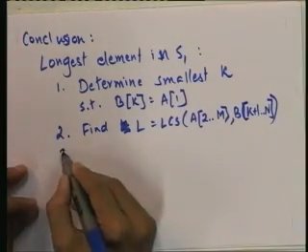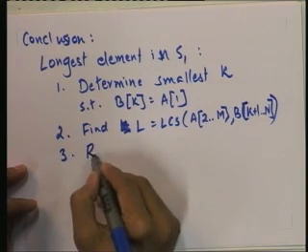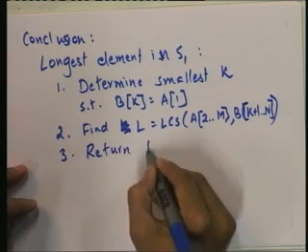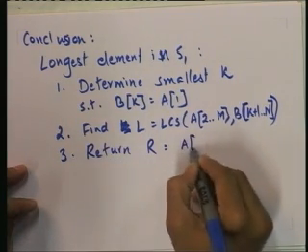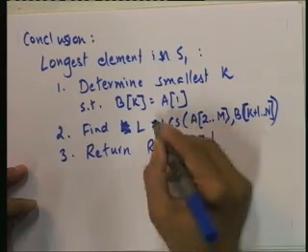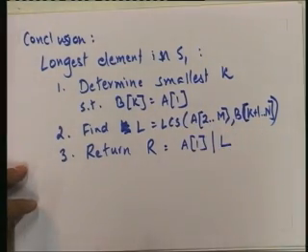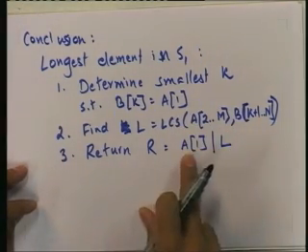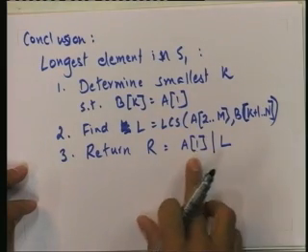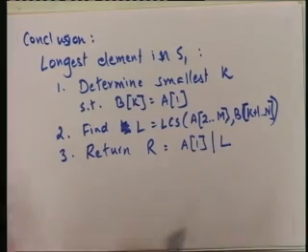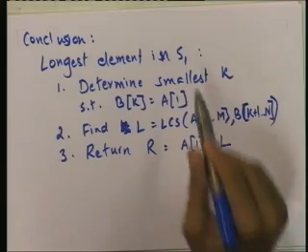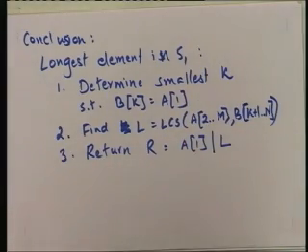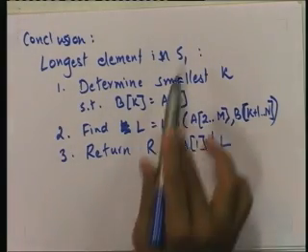And finally, return R equal to A of 1 concatenated with this L. We showed that this has to be a longest common sequence of both A and B such that it lies in S1, and so that is what we have constructed. So, we have constructed a procedure for searching S1.